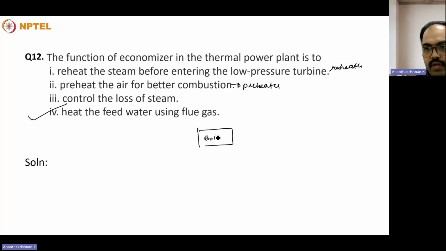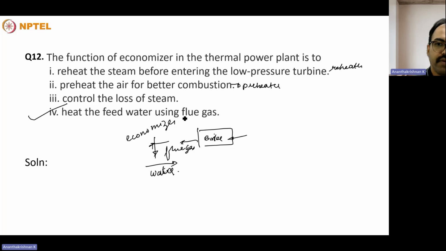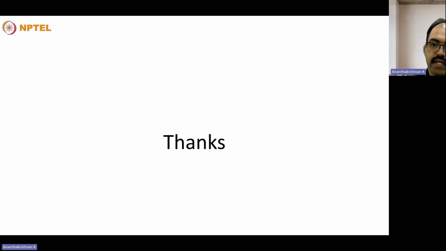The flue gas will be used to preheat the water in the economizer. So heat the feed water using the flue gas is the right answer.